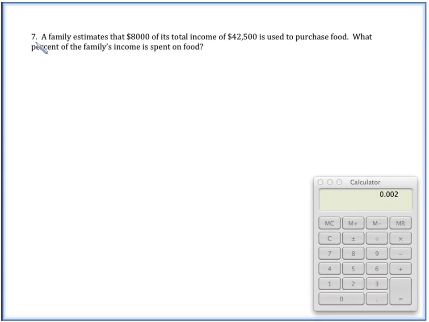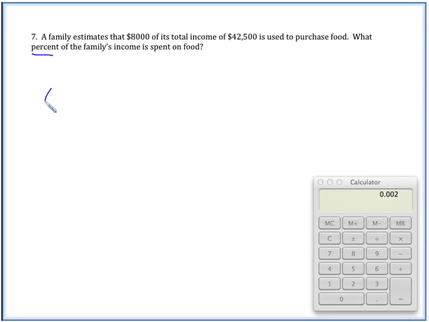Now we also have problems that involve percents, and so a family estimates that $8,000 of its total income of $42,500 is used to purchase food. So what percent of the family's income is spent on food?